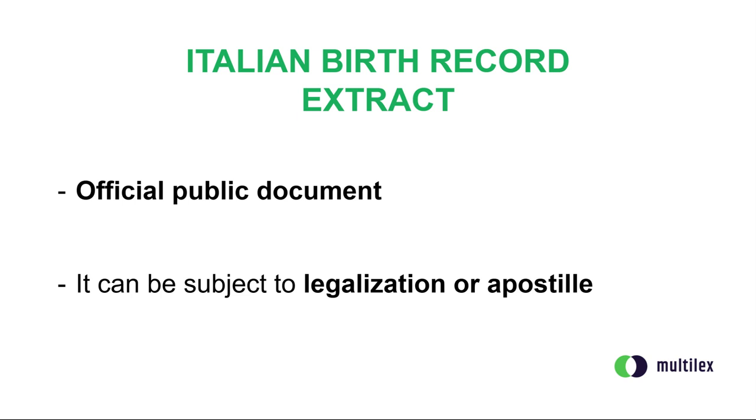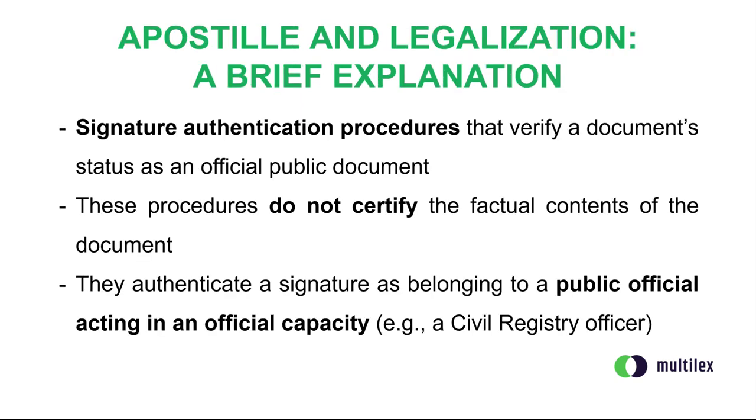So, what is an Italian birth record extract? It is an official public document, and as such, it can be subject to the legalization or apostille procedures. What are these procedures? What is an apostille? What is a legalization procedure? So with an apostille or legalization, which is a consular legalization, you are authenticating the signature on a public document.